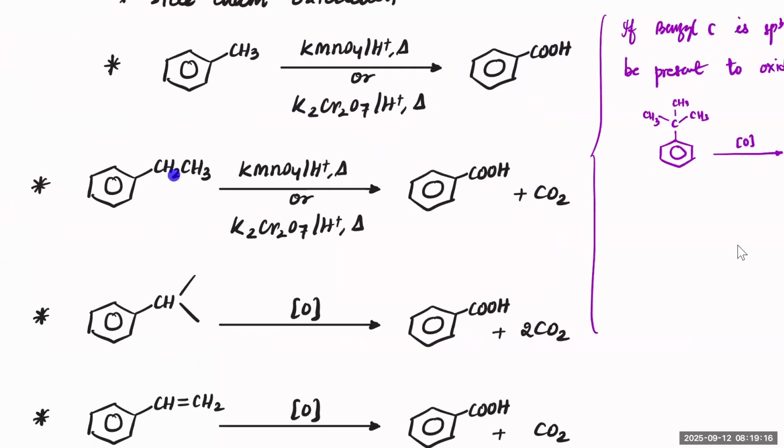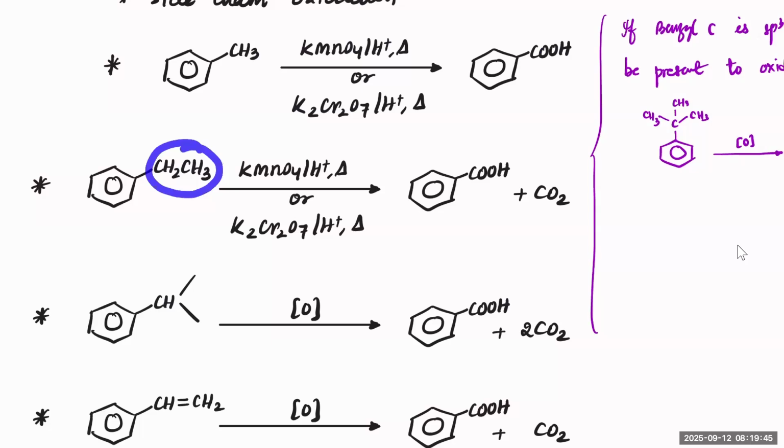If at all you have at least one hydrogen here at the alpha position, then KMnO4 or K2Cr2O7 can easily initiate the reaction, making nascent oxygen insert between carbon and hydrogen, thus making it an oxidation reaction. Therefore, you will get this as benzoic acid. Clear?